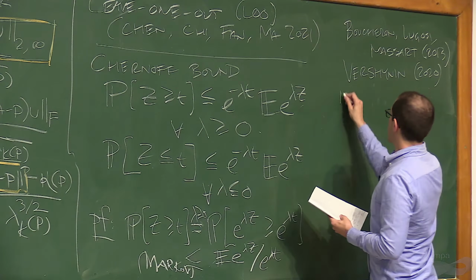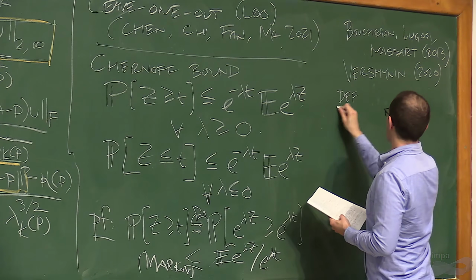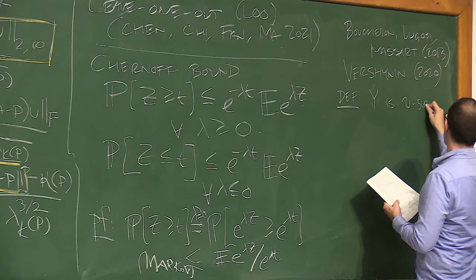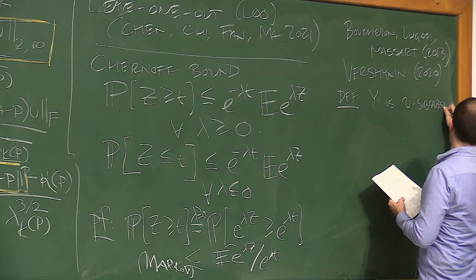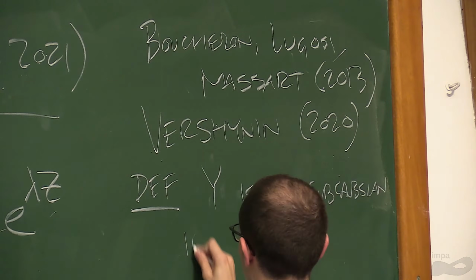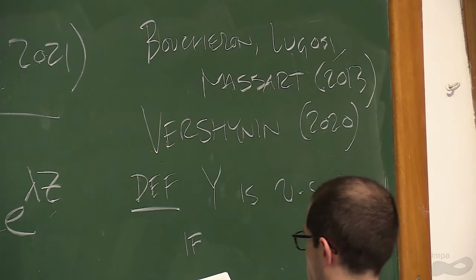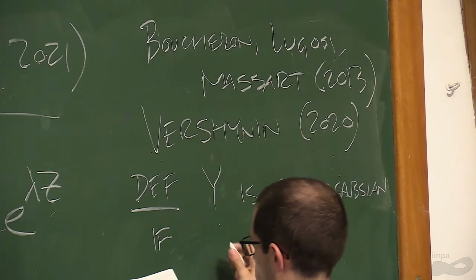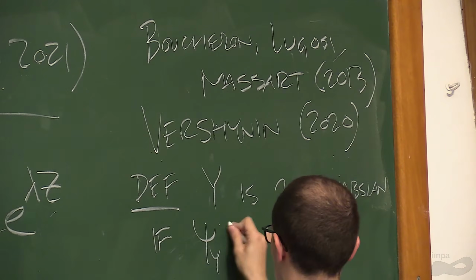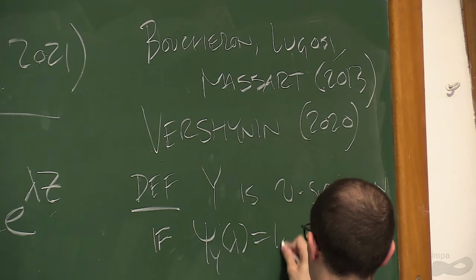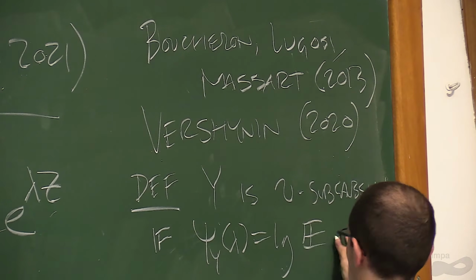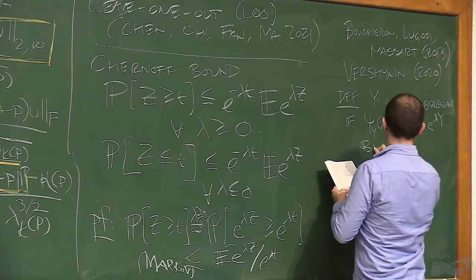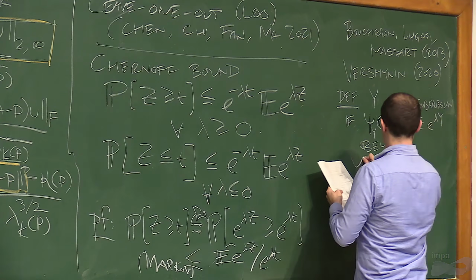Let's make a definition here. A random variable y is nu sub-Gaussian if the cumulant generating function of y decays in a nice way, and I'll show you what that means.